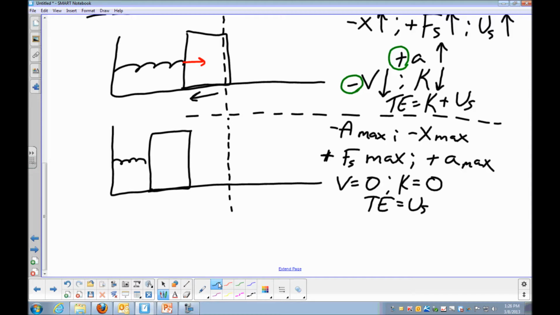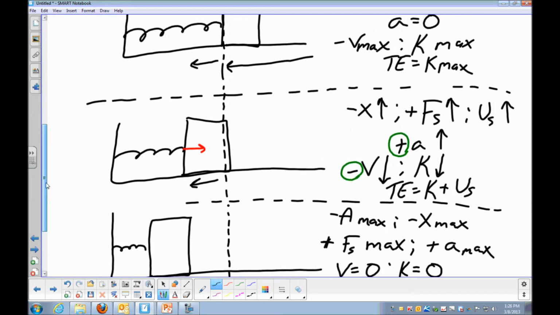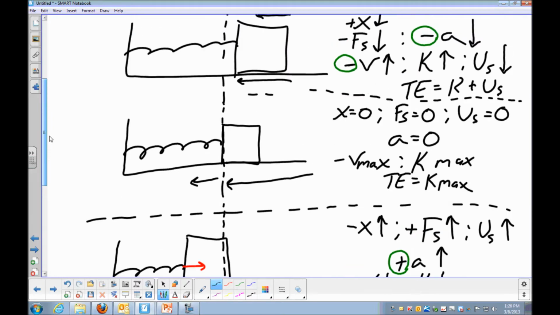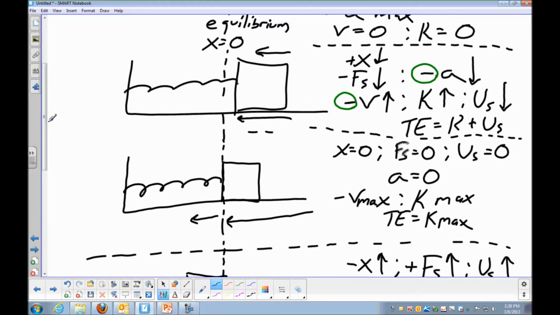As it's going to the right, it's actually going to be similar to that situation where it's initially going to the left, except the signs for displacement, spring force, acceleration, and velocity are all going to be different. They're all going to be switched.